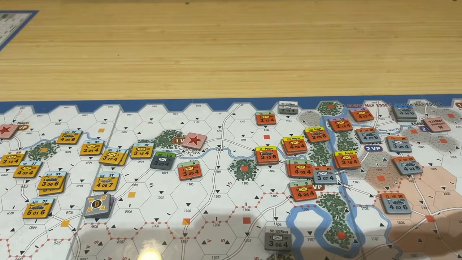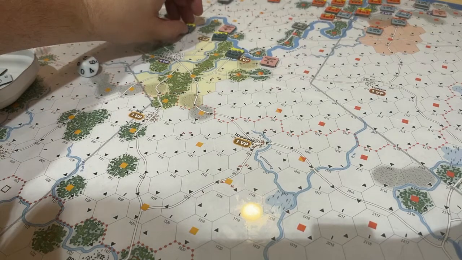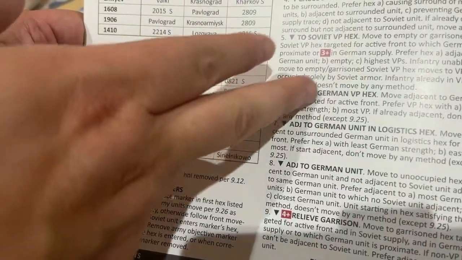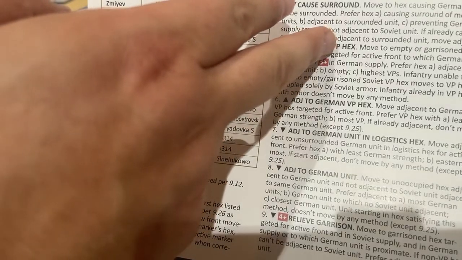Okay, I made a mistake. Let me show you. It's easy to retcon, but I just wanted to show you. So we were doing this one, move adjacent to a German VP hex. But right here, moving to a Soviet VP hex, that's one that they already control.